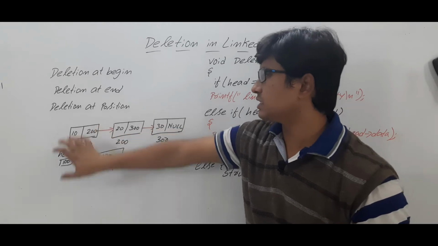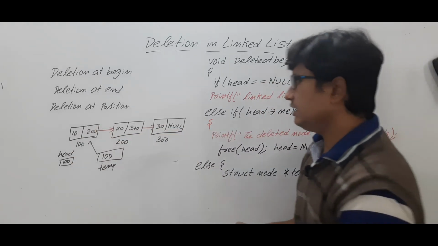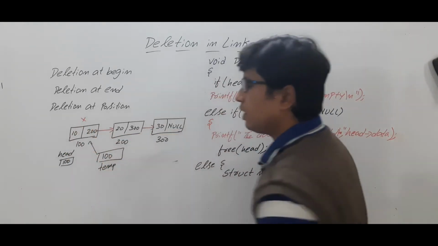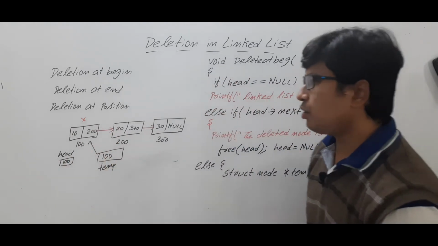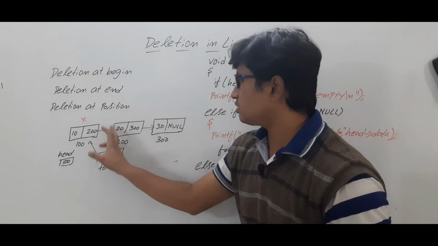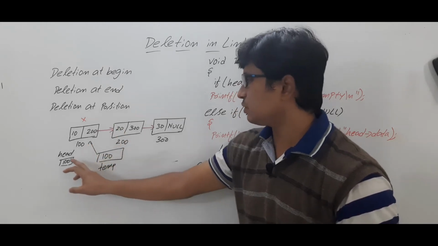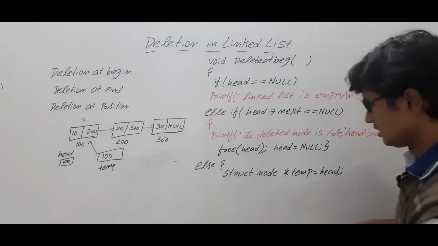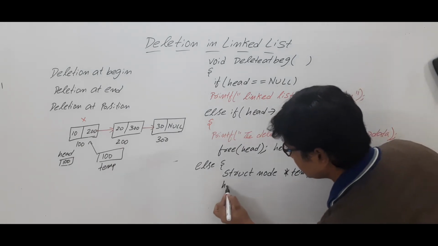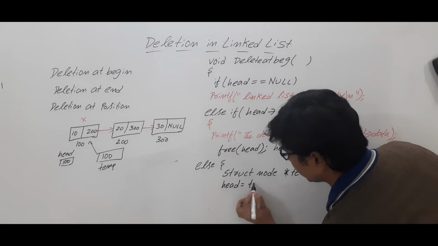Okay, are you able to understand? So now if I delete this node, what should the head point to? Head should point to this one. Am I right? So how can I get the address of this one? The address of this one I can get as temp of next. So what you can write is head is equal to temp of next.